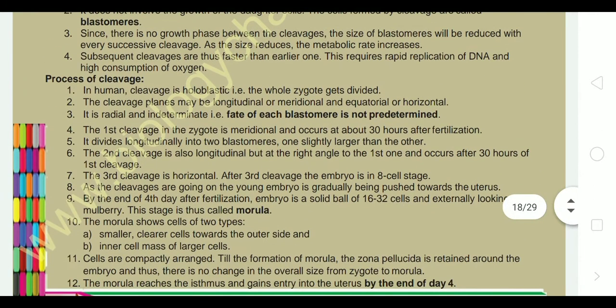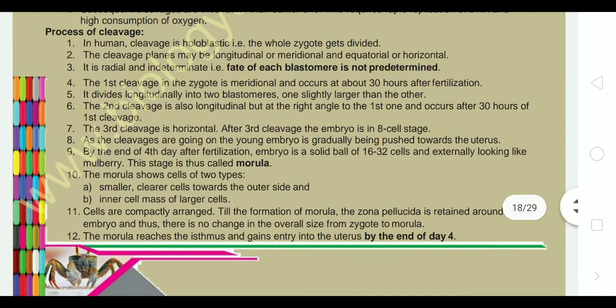How is cleavage carried out? There is a process given in the points. 1. In humans, cleavage is holoblastic, that is the whole zygote gets divided. Holoblastic means it forms a kind of cavity in it.